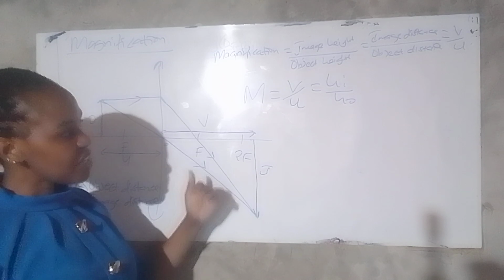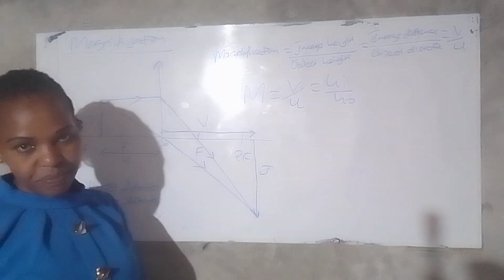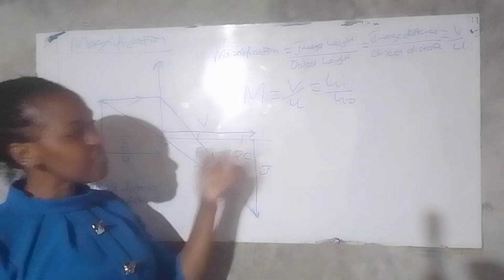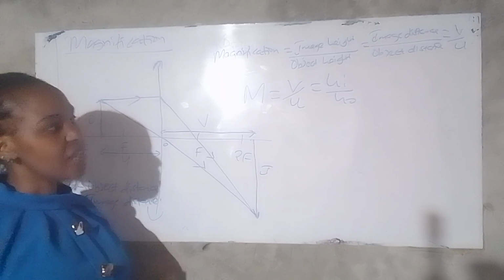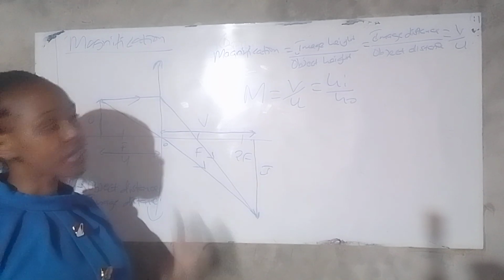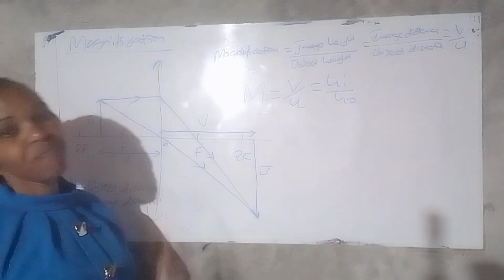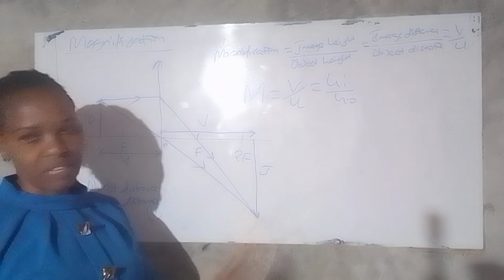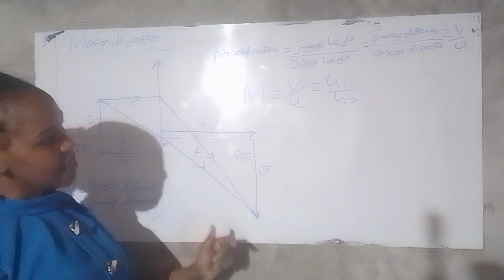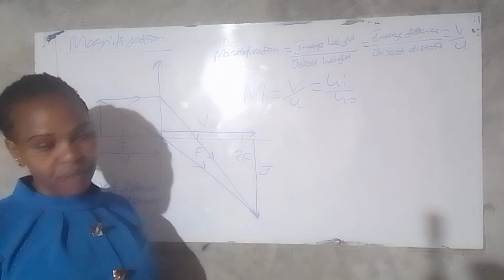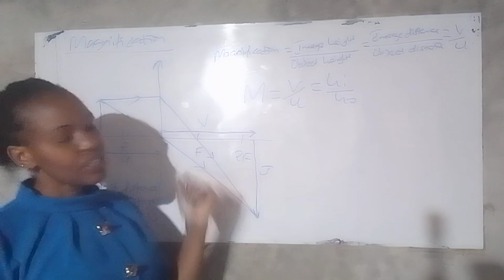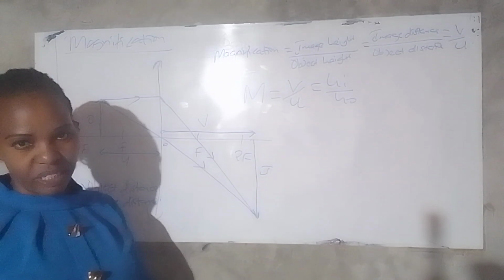Then if the magnification is less than 1, then it means the image this time is smaller than the object. And that happens when the object is very far, then the image is very small, diminished. Then the magnification will be less than 1, meaning our image is smaller than our object.